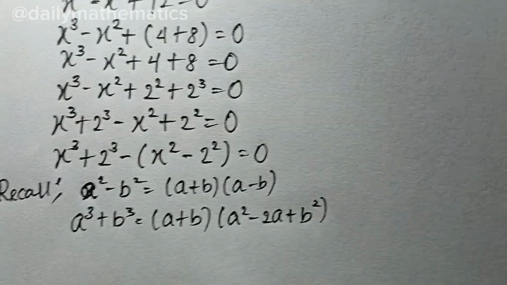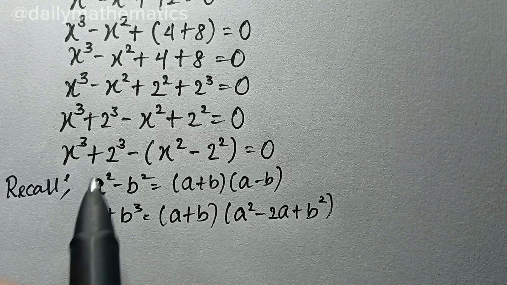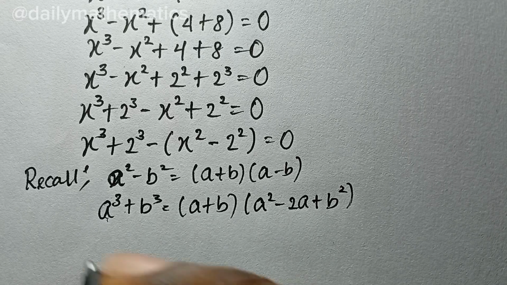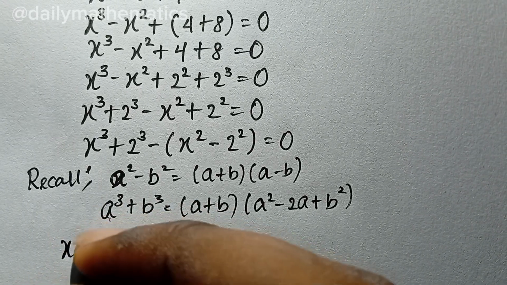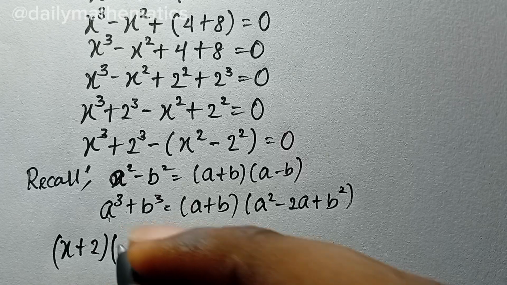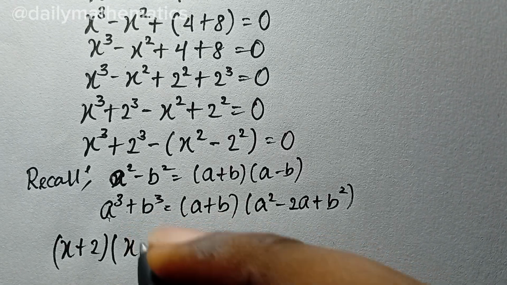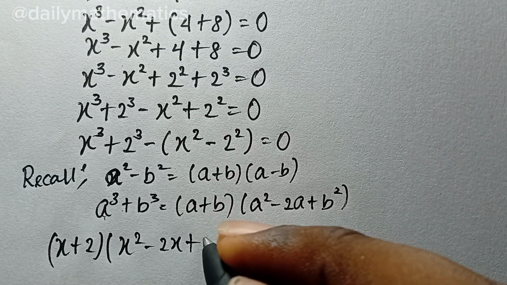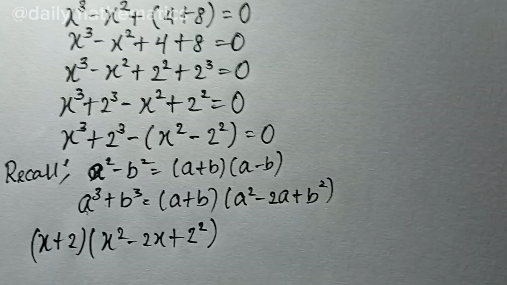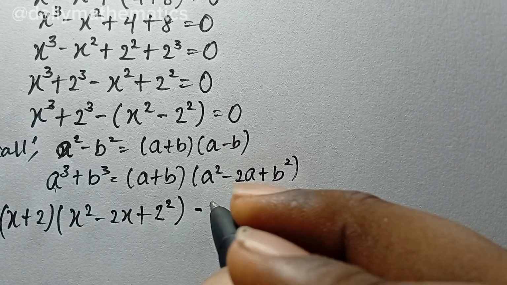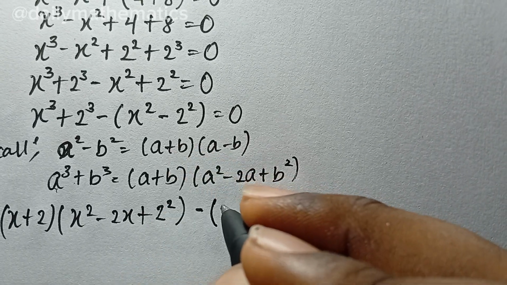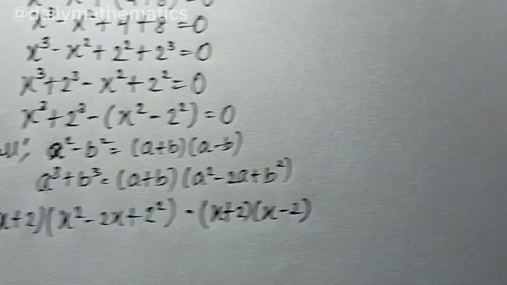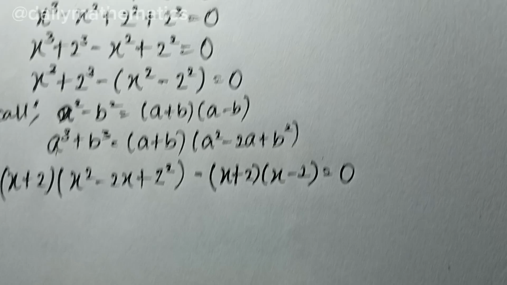And so from here we can now apply these two laws to this equation, and then we have x cubed plus 2 cubed, which is x plus 2 bracket x squared minus 2x plus 2 squared, and then we have minus, then we have x squared minus 2 squared, which will be x plus 2, x minus 2, and then we have our equals to 0 here.